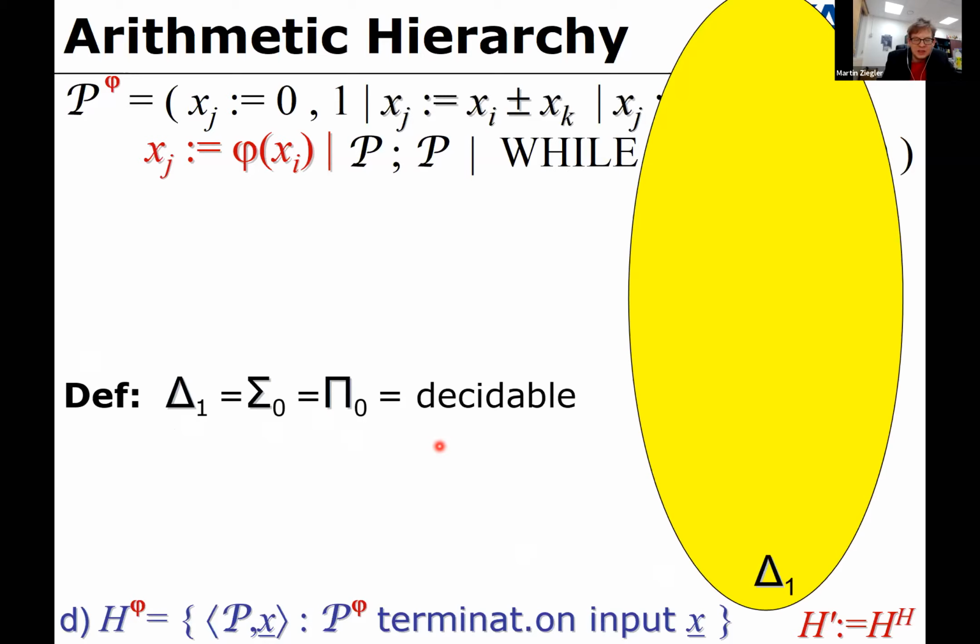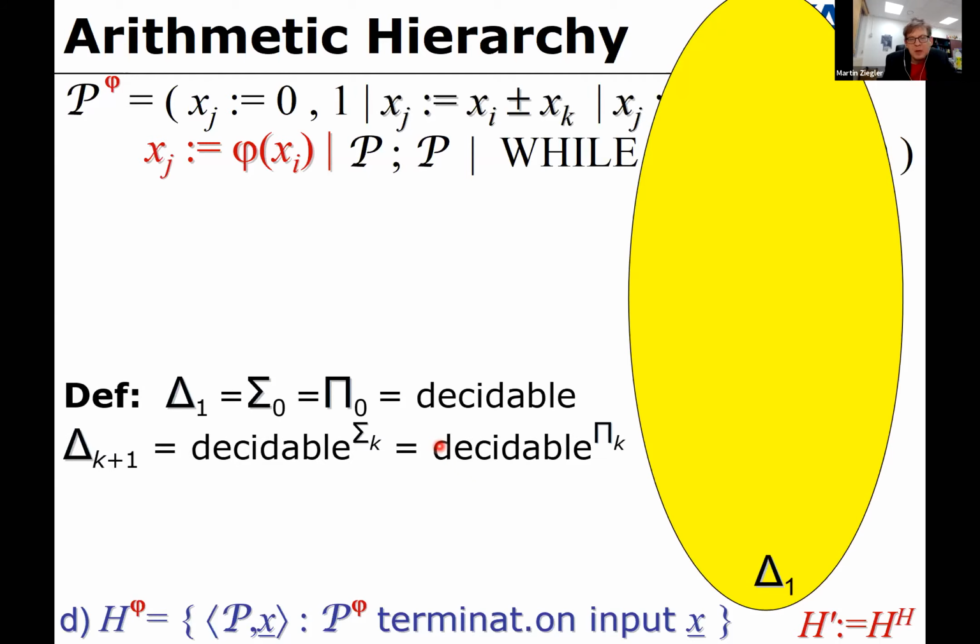That is the class of sets that are decidable when given oracle access to the halting problem, or more generally and iteratively, the k plus first level consists of all those problems that are decidable when given oracle access to the kth, namely one level lower of the arithmetic hierarchy, or equivalently pi k, which I'll introduce on the next two lines.